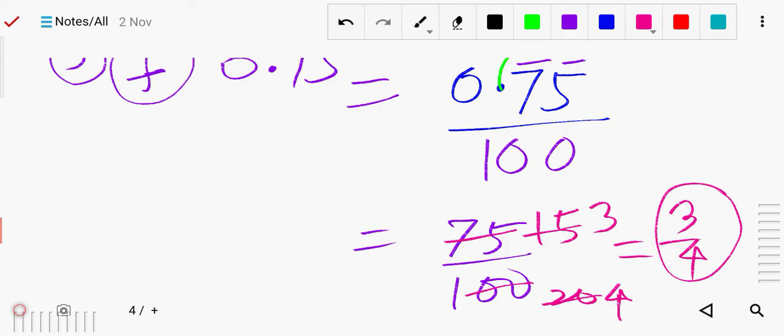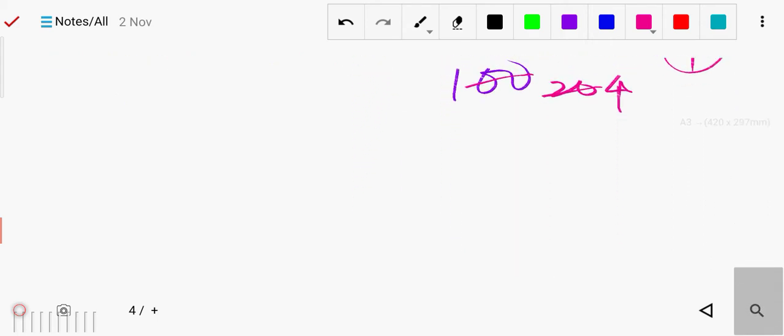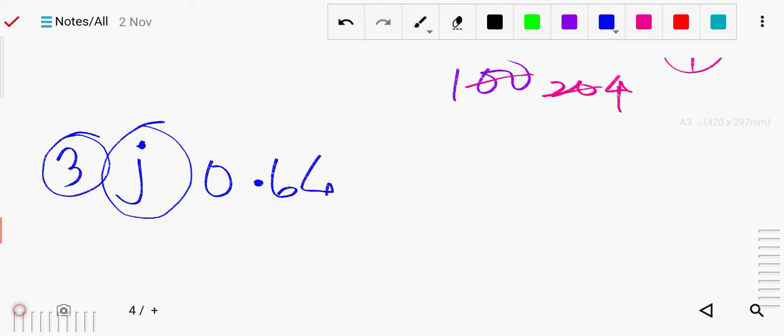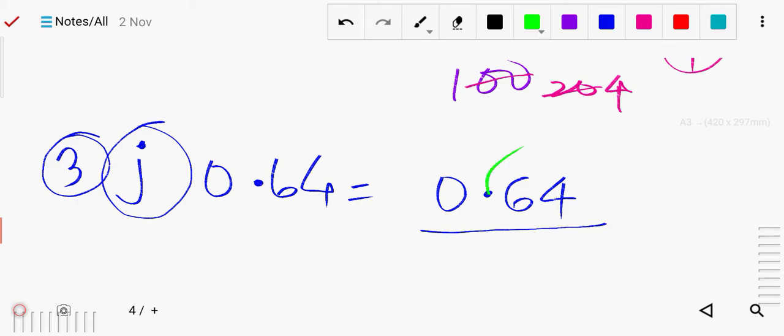One more question, question number 3, part J. That is 0.64. Same: you write 0.64 first, then draw the line, remove this point, 1 will come. How many digits on the right side of the decimal? 2, so it means 1 and 00.